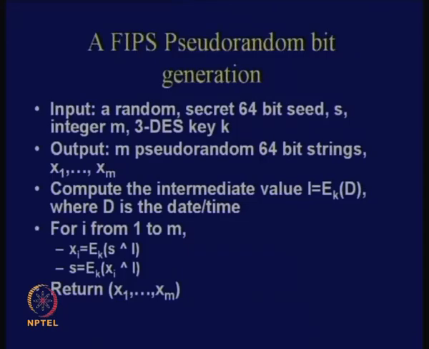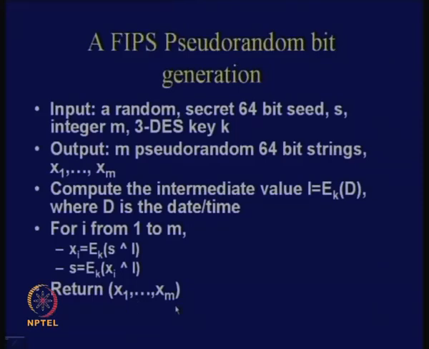Are we taking one string from the pseudorandom sequence and then using it to create a seed for another sequence? I did not follow, can you come again? We have the sequence x1 to xm. The output is m pseudorandom 64-bit strings, x1 to xm.